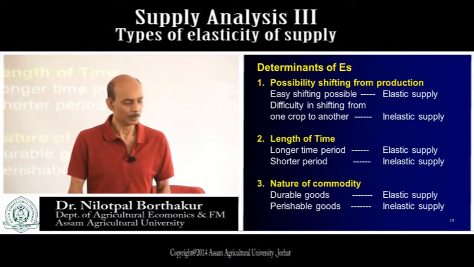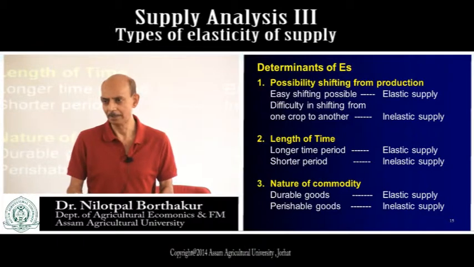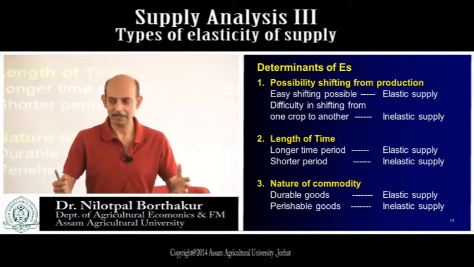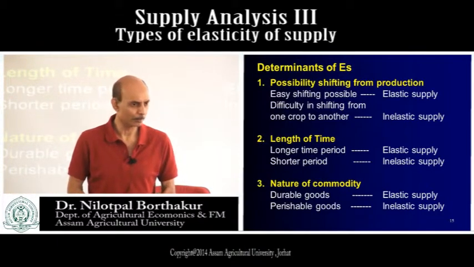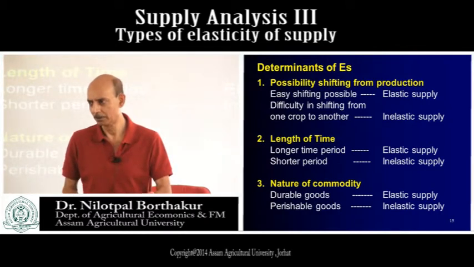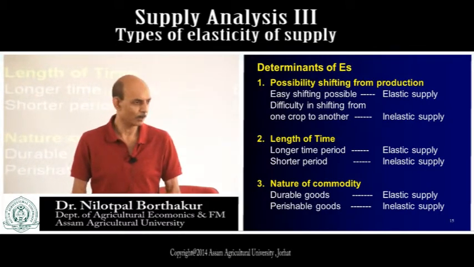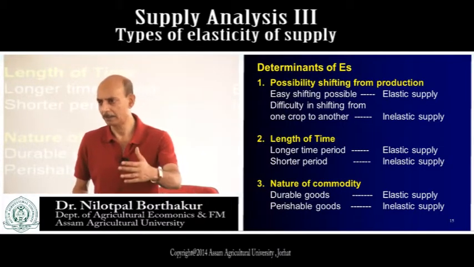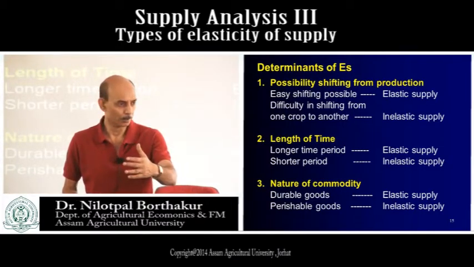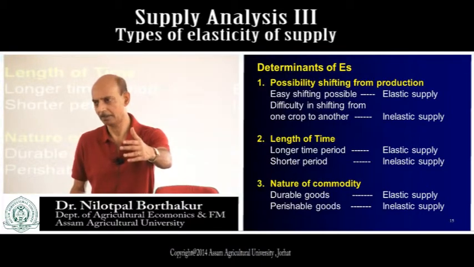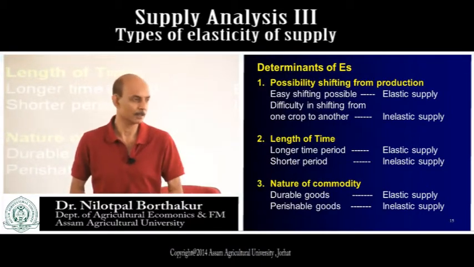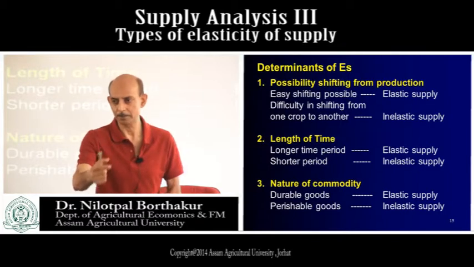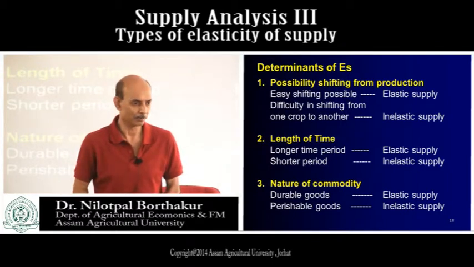In no time, we can produce more of a certain commodity. But certain other heavy machineries also require more time. We cannot produce more in a short period, it will be inelastic, but if we provide time to the entrepreneurs to produce more, if we extend the length of the period of production, then this will be elastic, because in a long period of time, more products will be coming into the market.